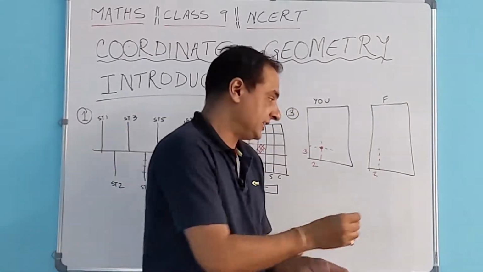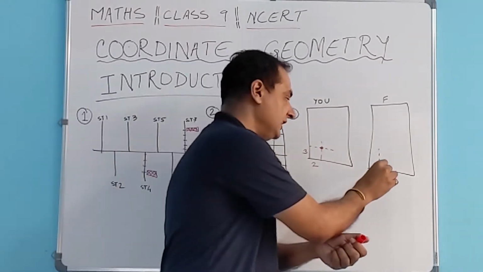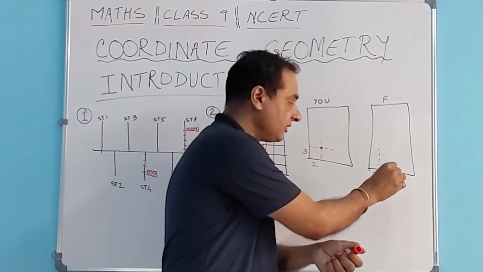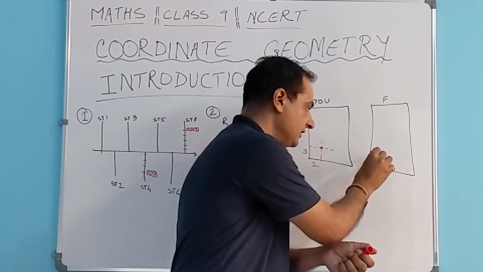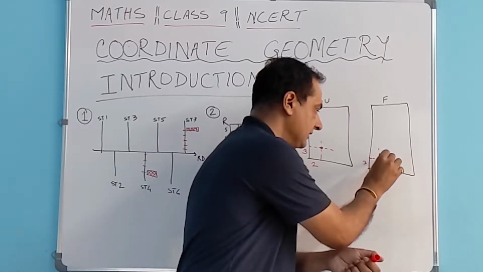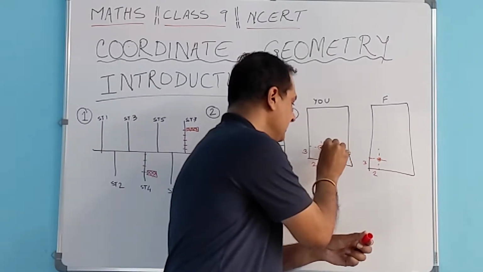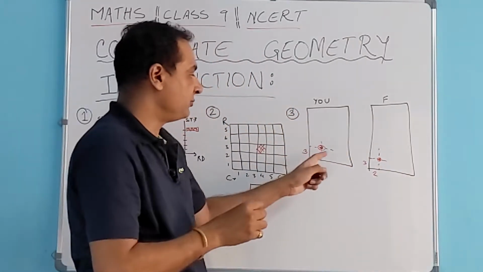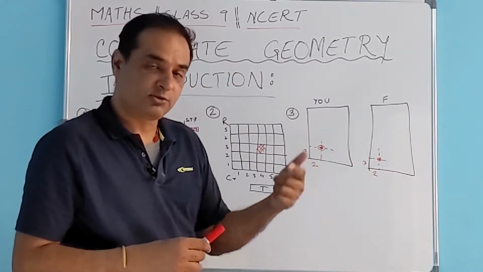Again, you need to tell your friend to draw a line which is parallel to the bottom edge of the paper, and the distance from this corner should be 3 centimeter. He is going to draw this line, and he will also arrive at this point. Now if you see, you have communicated easily the location of this particular point to your friend.